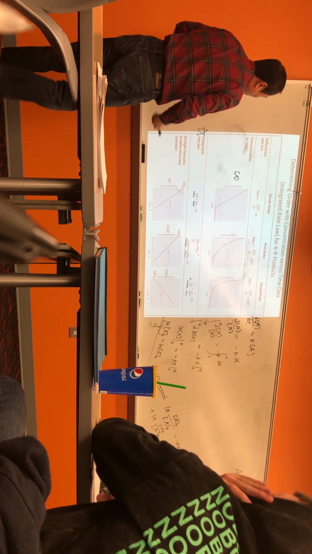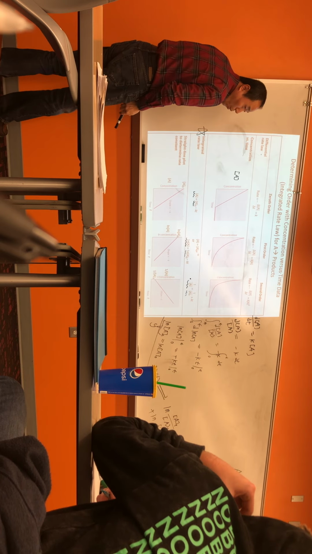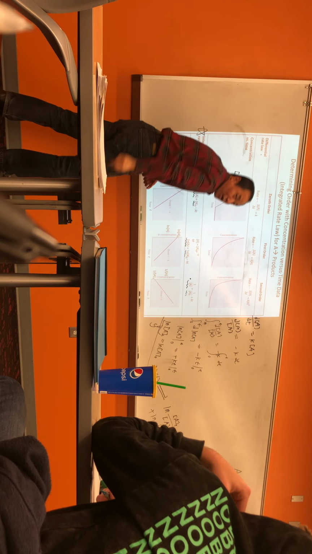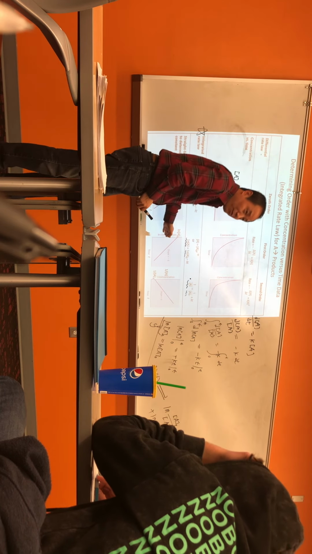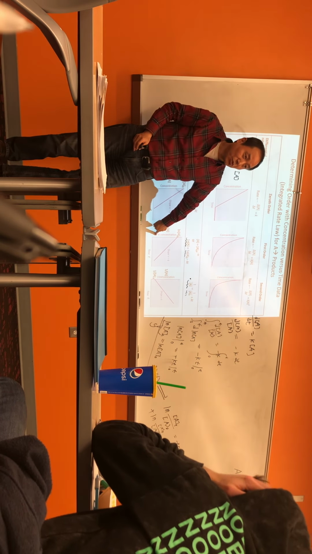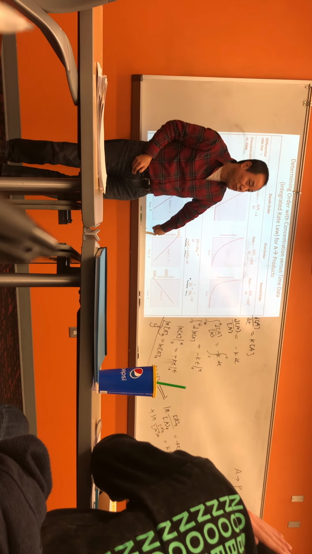And then from the equation, you should be able to draw the graph. They may not ask you to draw a graph, but they will ask you to recognize it. They may show you one of these graphs and ask whether it is zeroth order, first order, or second order. How do you know?